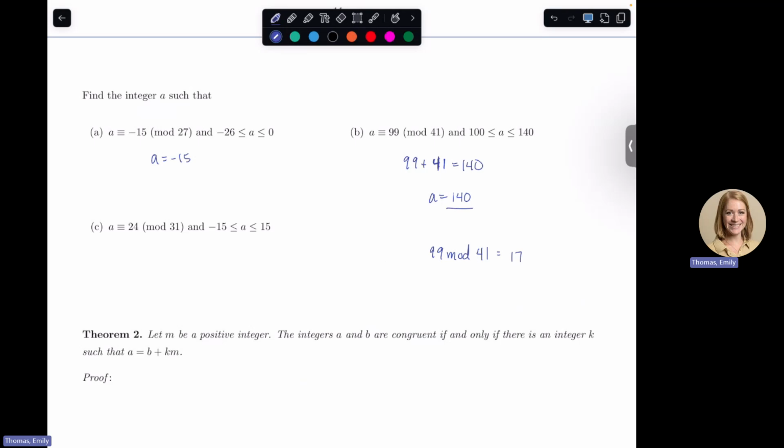So would 140 be? 41 times 3 is 123. 140 minus 123 is 17. So these remainders are 17 mod 41. Ta-da.